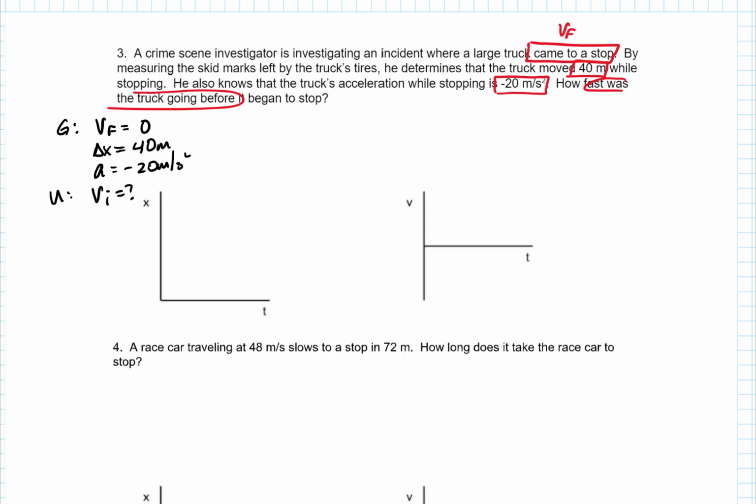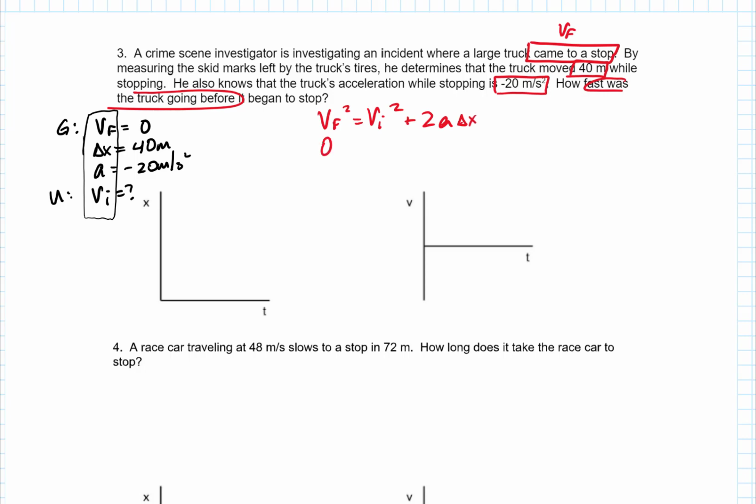That's what we want to find. If you're a crime scene investigator, you're looking for the question, was the driver speeding? So looking at that, the equation we're going to choose has velocity, acceleration, and displacement. So we have final velocity squared equals initial velocity squared plus 2a delta x.